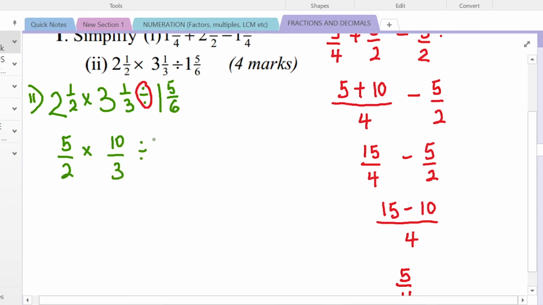Divide that by 6 times 1 is 6 plus 5, 11/6. So let's deal with the division part. 5/2 multiplied by 10/3, then multiplied by the reciprocal of 11/6, which is 6/11.